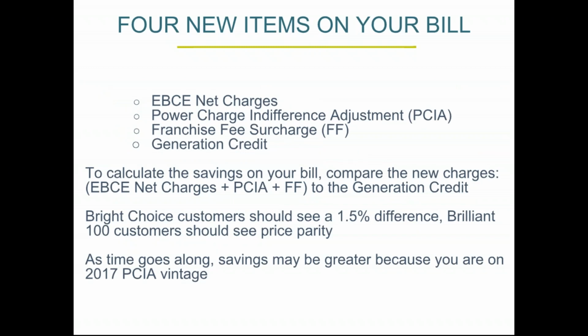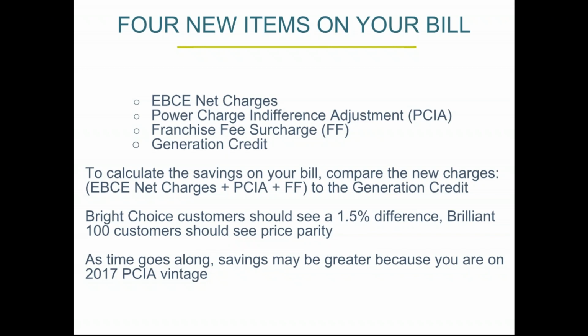So there are 4 new items on your bill that you didn't previously see when you were a bundled customer of PG&E. Those include EBCE net charges, which is the amount that you pay to EBCE, and the power charge indifference adjustment, which is like an exit fee from PG&E.